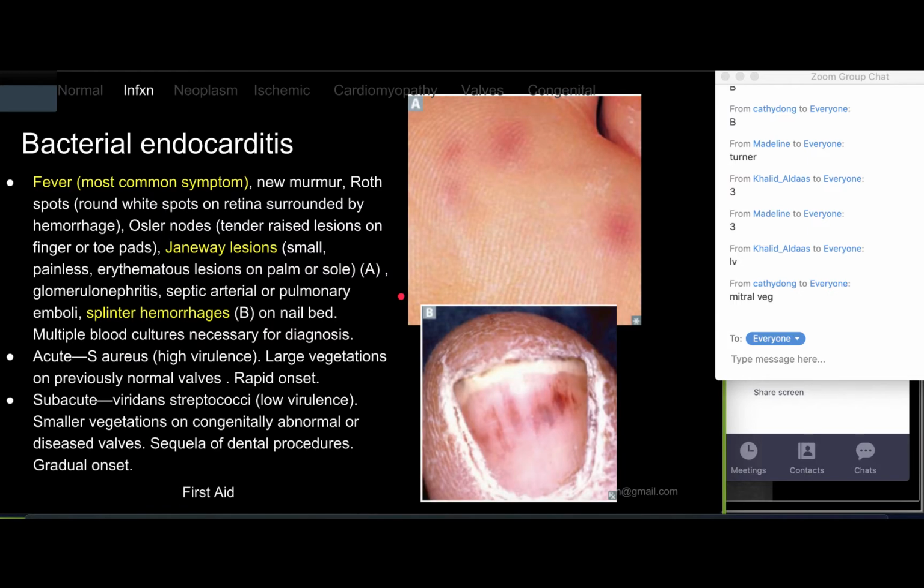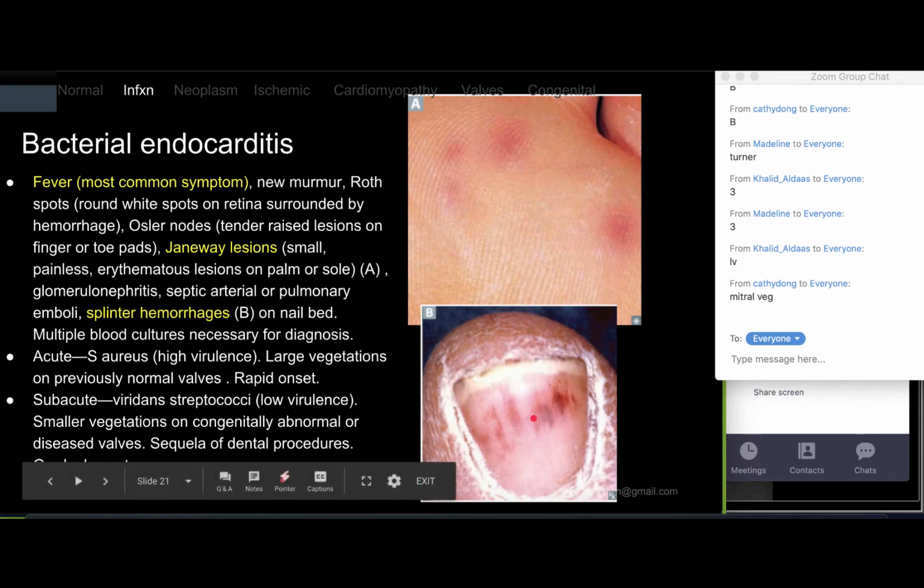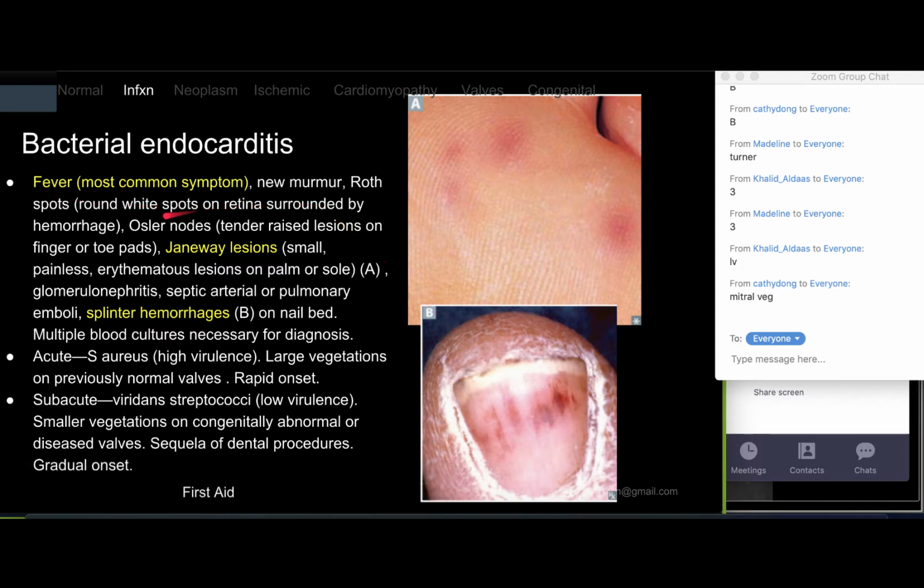So septic emboli, I'm really impressed if people ever see this in clinical practice. But they get these small round patches, and then these subungual petechiae. I imagine patients are infective and they have cardiac signs and symptoms.